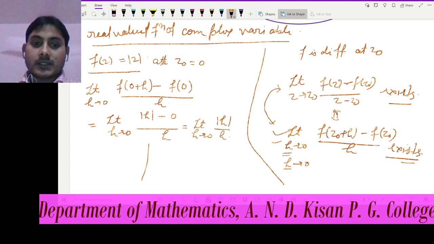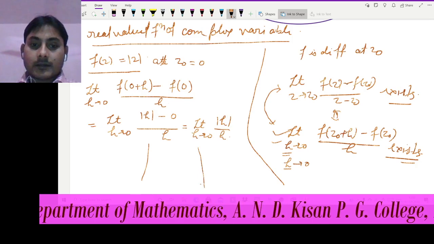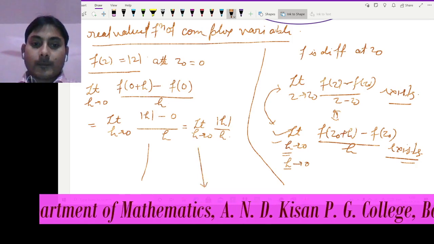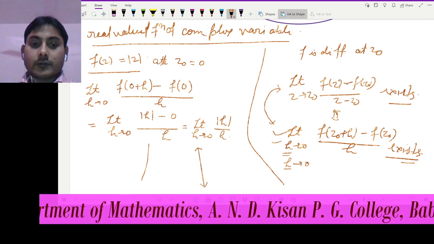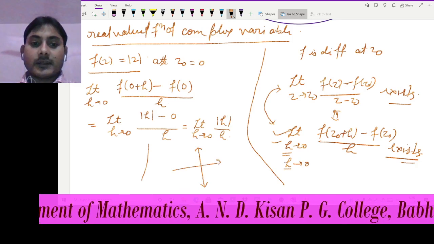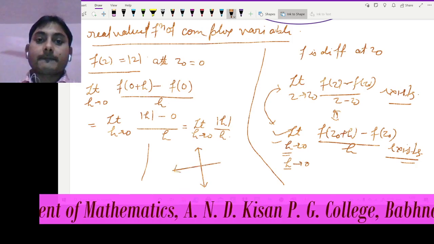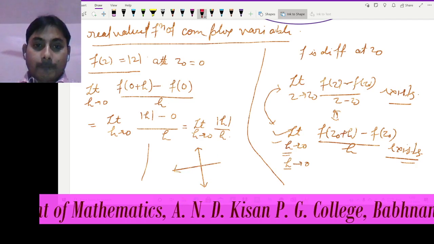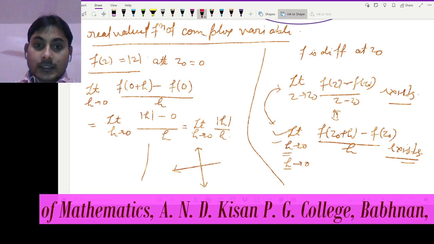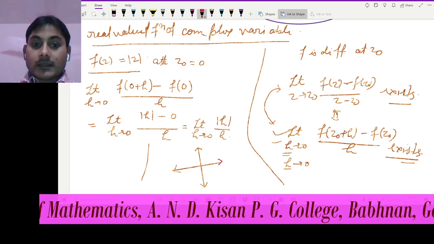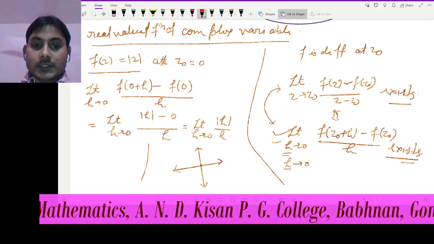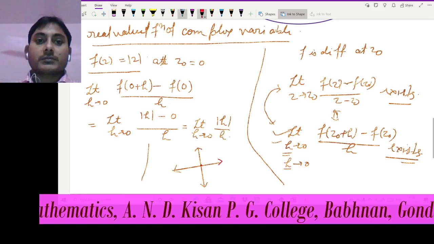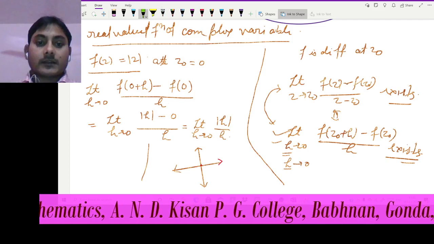Suppose this is your y-axis, this is your x-axis, and this is your 0.